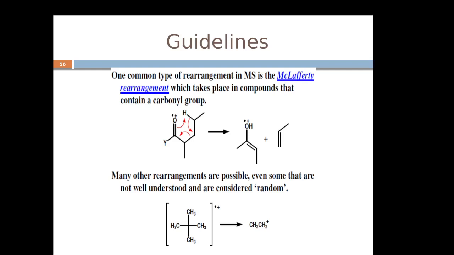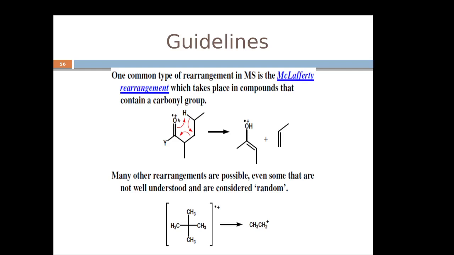And just take note here that McLafferty rearrangement happens to molecules with a carbonyl system in which it can adopt a structure or geometry in such a way that the gamma hydrogen, this is alpha carbon to the carbonyl carbon, beta carbon, and gamma carbon, can orient in such a way that it forms almost a cyclic hexagonal structure.